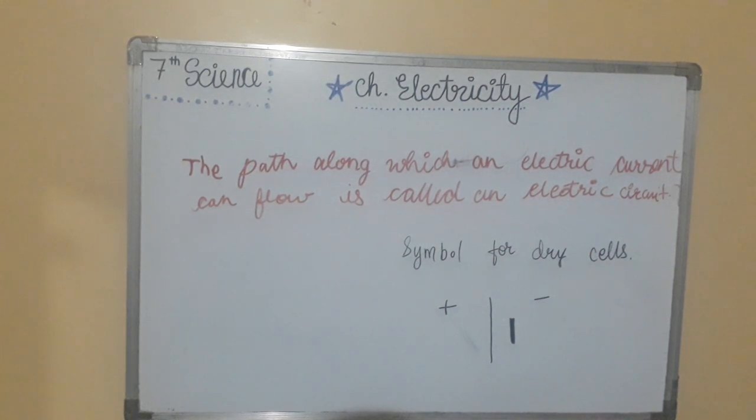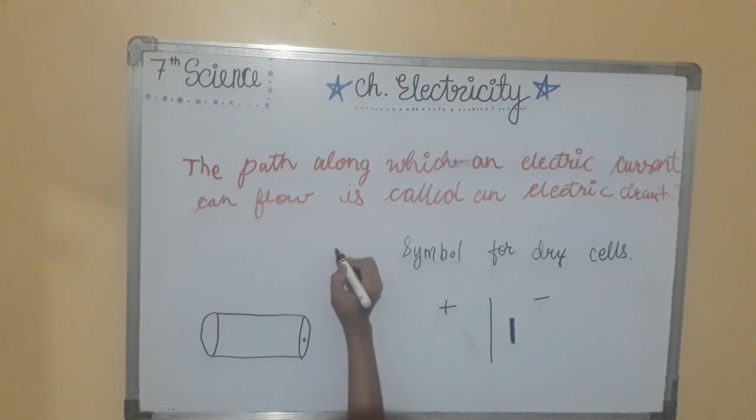The diagram of a closed circuit is this. This is a battery. Here there is a bulb, and the wires are connected to the bulb.